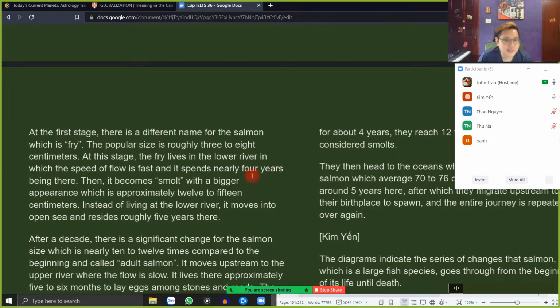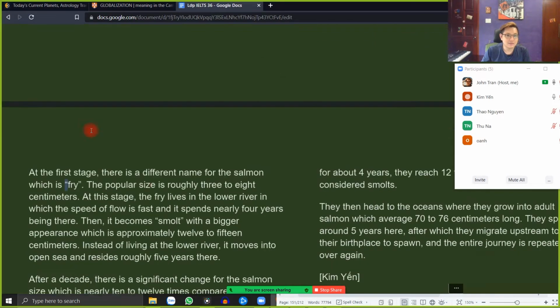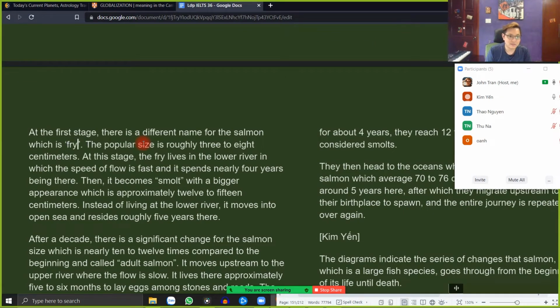At the first stage, there is a different name for the salmon, which is fry. Remember, I told you before, this quotation mark is to quote words by words someone has said. But what you should use is basically inverted comma. Nhớ nha, cái chỗ này phải là dùng cái dấu phẩy ngược này. Inverted comma là cái dùng để làm gì?